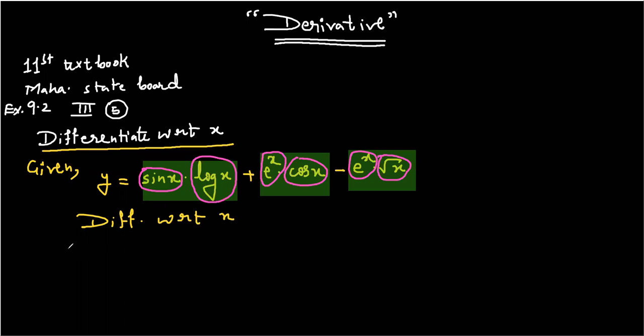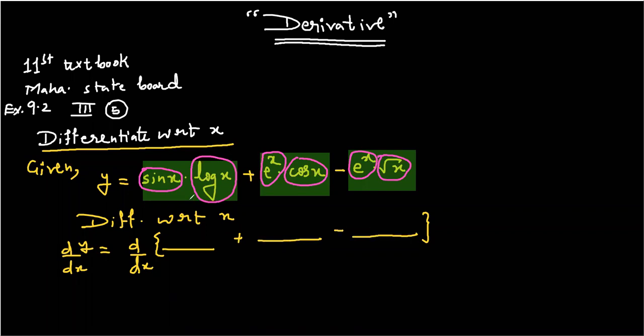As you know students, you would write d by dx of y on the left, and here you will write d by dx of this full thing, where you have this first term plus this second term minus this third term. Then you will write d by dx of each term separately.